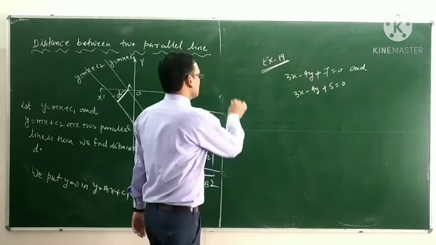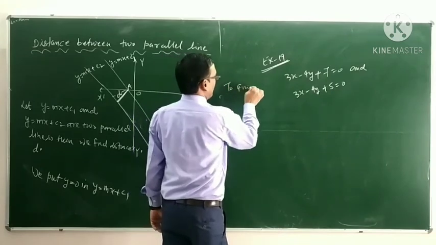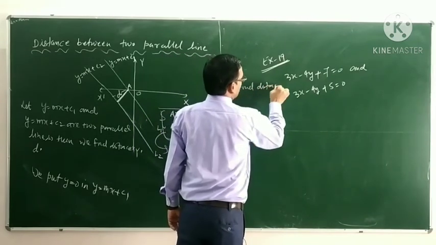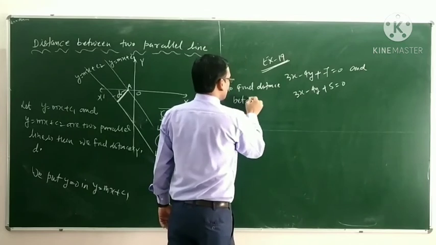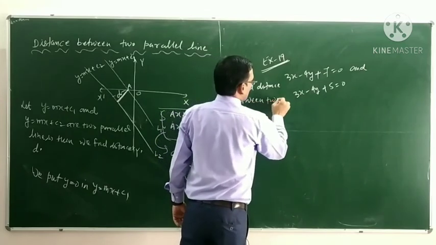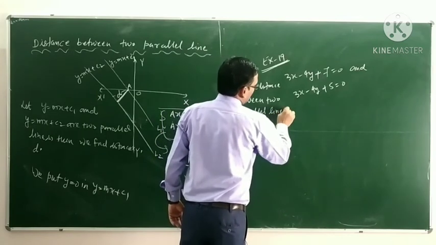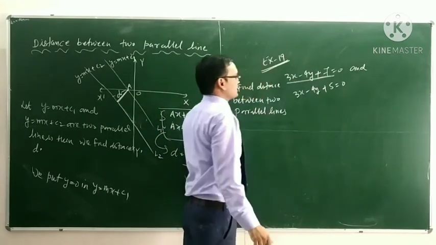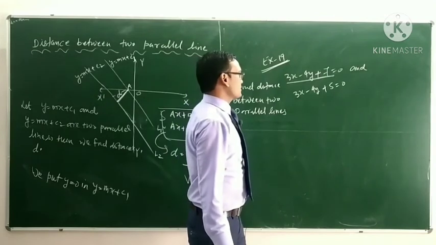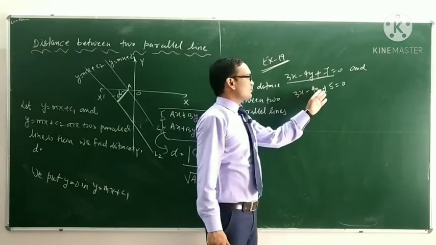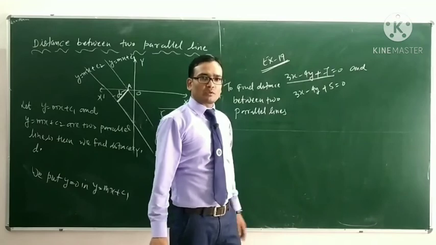To find the distance between the two parallel lines 3x minus 4y plus 7 equal to 0 and 3x minus 4y plus 5 equal to 0.